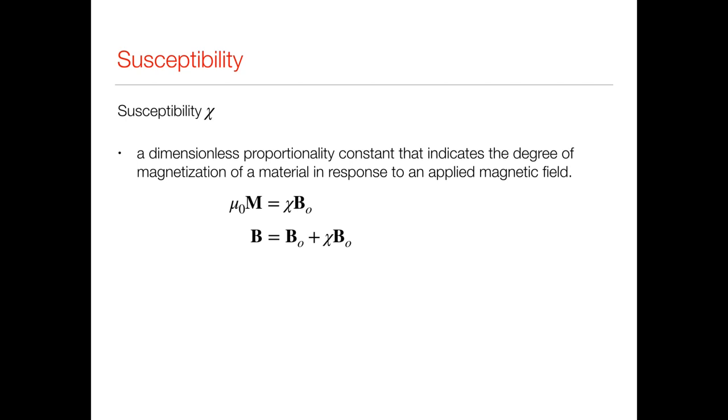So here I've got my B0, my applied magnetic field, and depending on the value of the susceptibility chi, it determines how big the magnetization response is. Okay, and somewhat alternatively, I can say that the magnetic field inside the material B is the applied magnetic field plus the fraction chi of the external field.